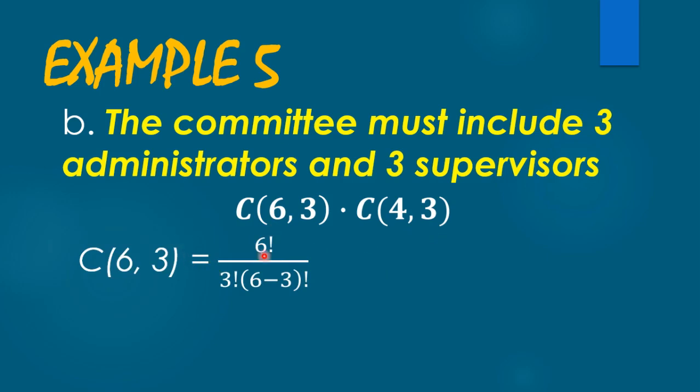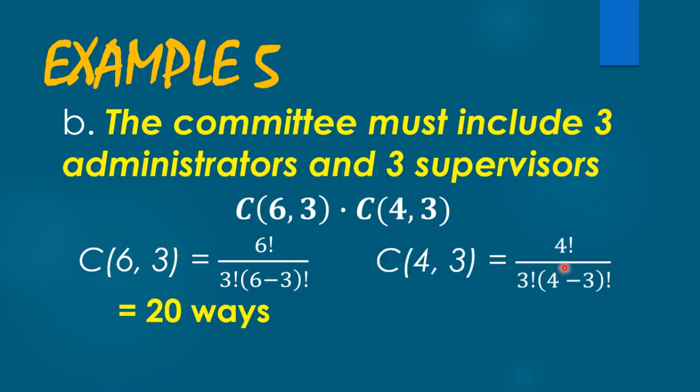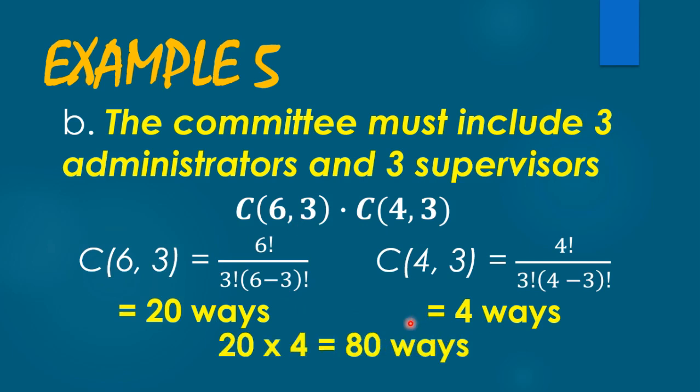Simplifying this, we have 6 factorial over 3 factorial times 6 minus 3 factorial, and this will be equal to 20 ways if we select 3 administrators out of 6. And for the supervisors, we have 4 factorial over 3 factorial times 4 minus 3 factorial. Simplifying this expression, this is equal to 4 ways. And then, we need to multiply the 2 given results. So, 20 times 4 is equal to 80 ways.